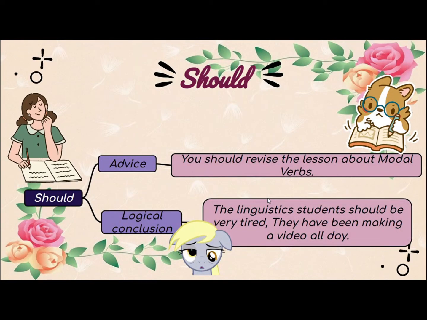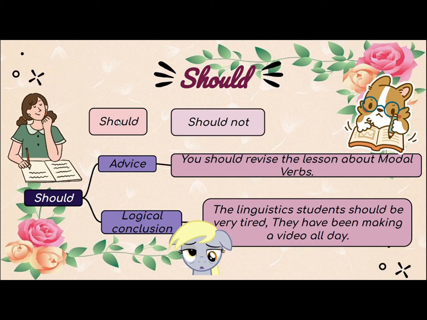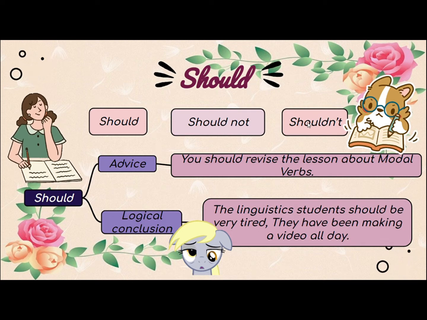And here you have the modal verb should. Positive form should, negative form should not, and contraction form of the negative form shouldn't. We use should to express an advice. For example, you should revise the lesson about modal verbs.